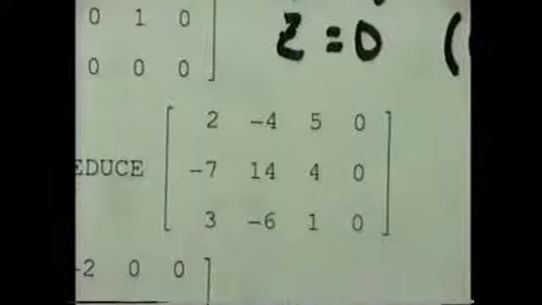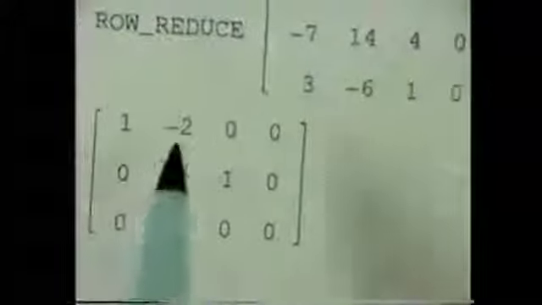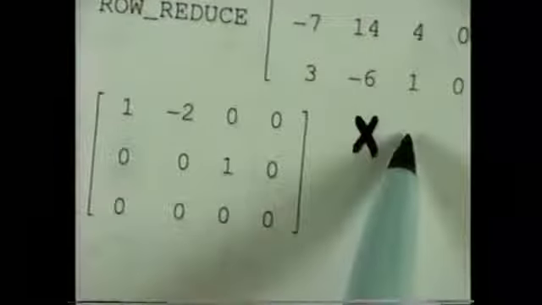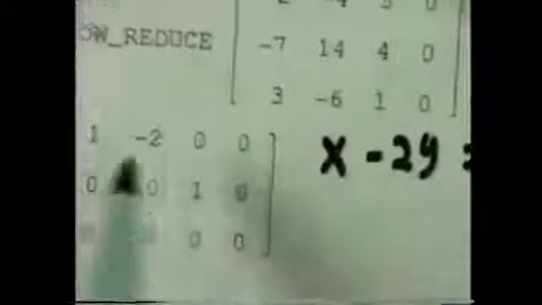So I'll go back to Derive, and I'll author my homogeneous system, and I row reduce it the same way, and this time I get x minus 2y is equal to 0, and I get z is equal to 0.